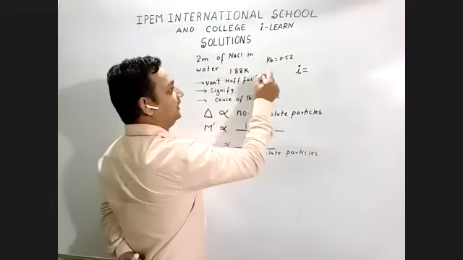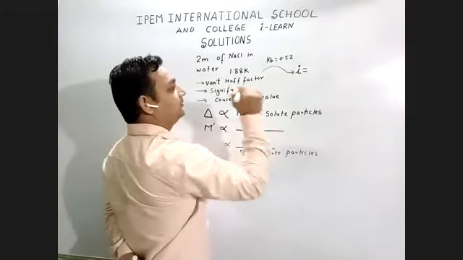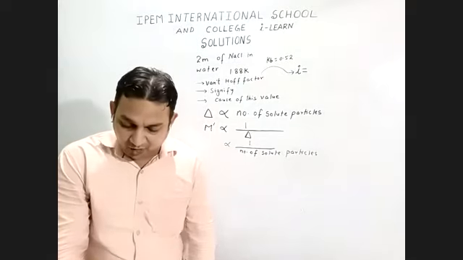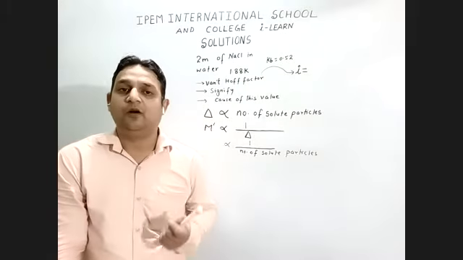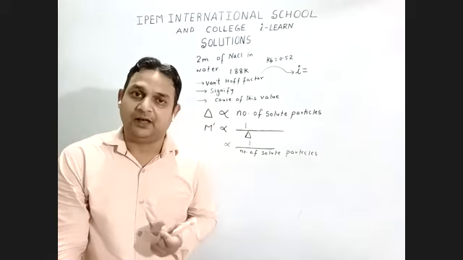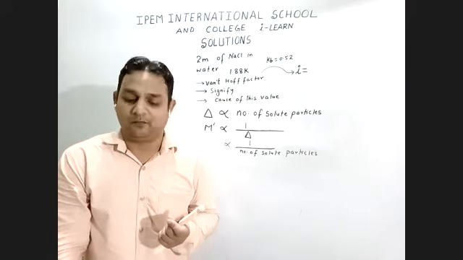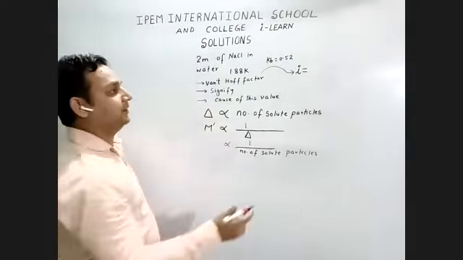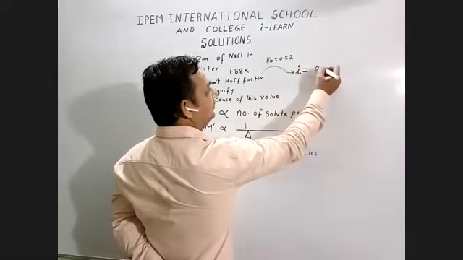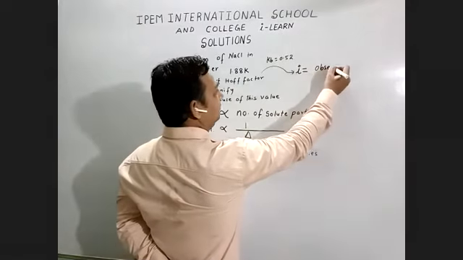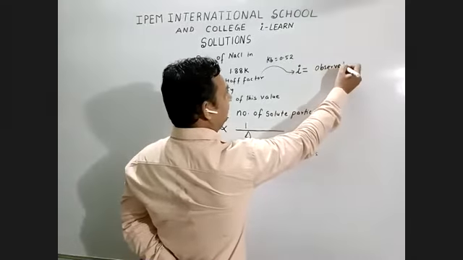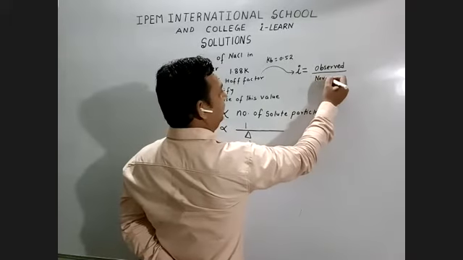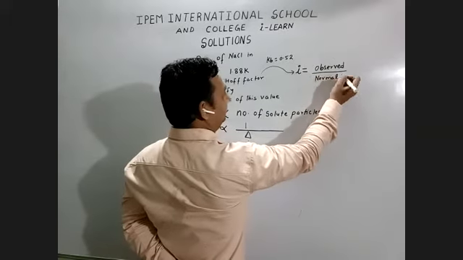So in this question, they have asked you for i, and what formula do we have for i? The observed value of the colligative property upon the normal value of the colligative property. Observed, that is the experimental value, upon the normal value of the colligative property.